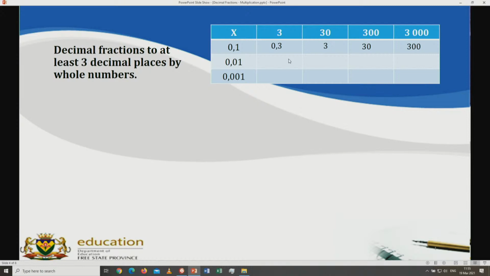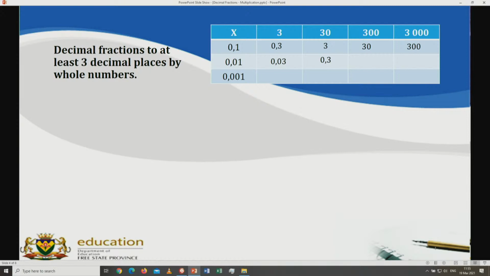And then look at this one. That's where we are now going to divide by 100 when we multiply by hundredths. 3 divided by 100 gives us 0,03, which is 3 hundredths. And then this one will be 30 divided by 100, which will be 0,3, because 0,30 is the same as 0,3.